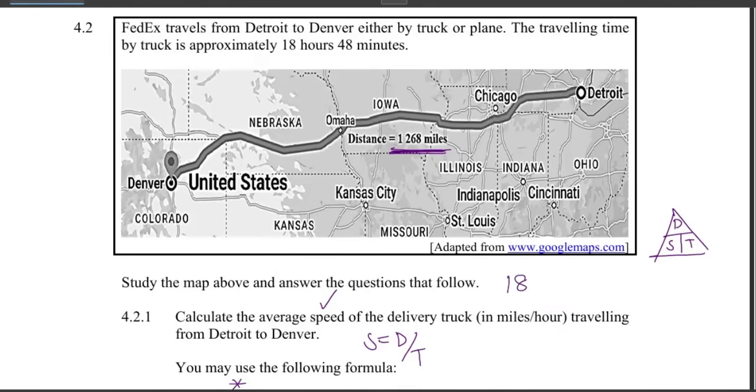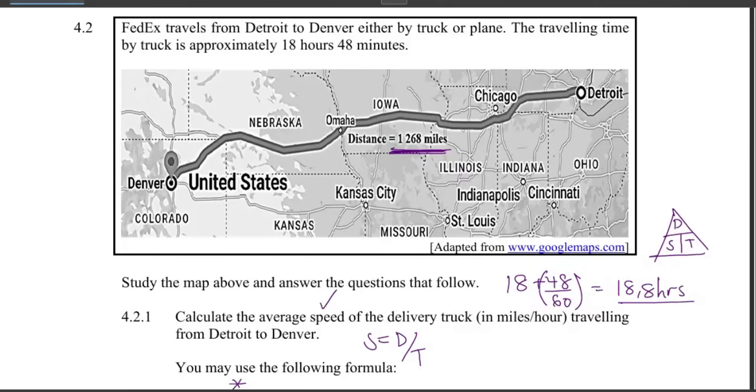These are hours already. So change the 48 minutes to hours. And that will bring us to 18 plus 48 divided by 60, which becomes 18,8 hours.